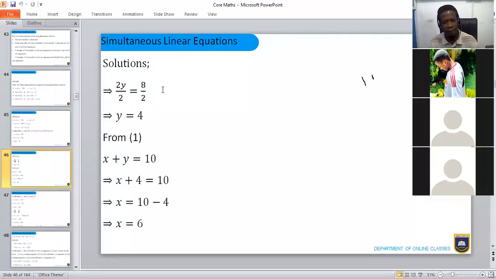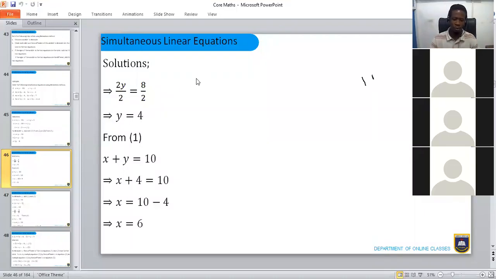So we have 2y divided by 2 is equal to 8 divided by 2.